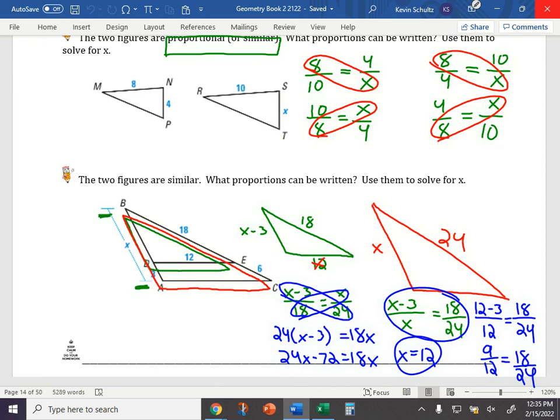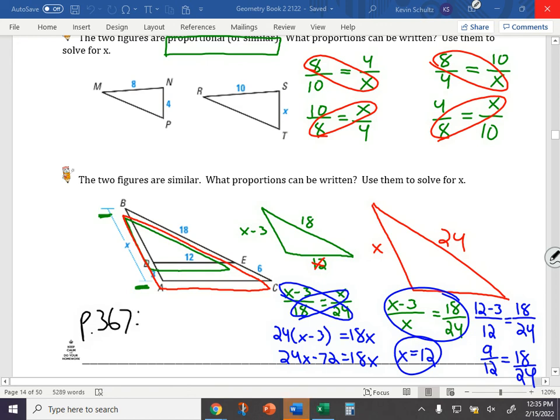Okay, folks, listen up, please. On page 367, I would like you to do 11 and 12. And 16 and 17.